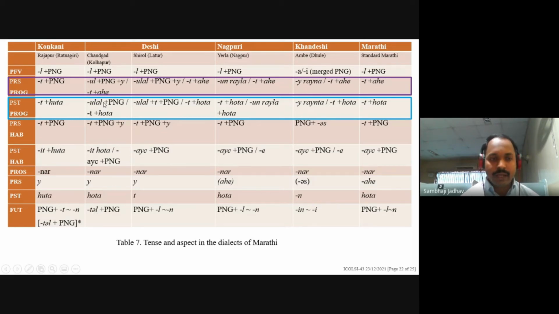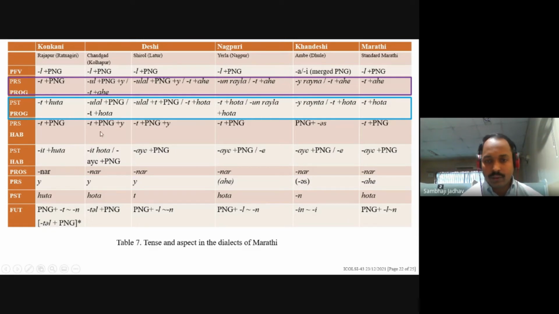Additionally, whenever the areas are adjacent, we just looked at the Tal marking, a feature which we find in Kolhapur as well as in Rajapur, especially southern Rajapur, or the southern Konkan region of Maharashtra. And then differentiation is also created, let's say, between present habitual versus past habitual in all these varieties.